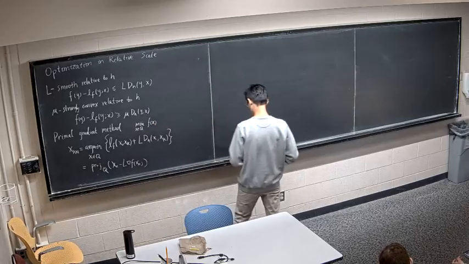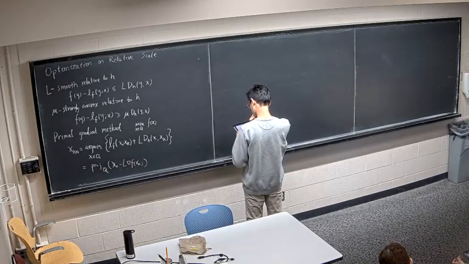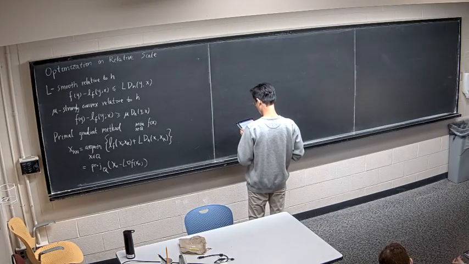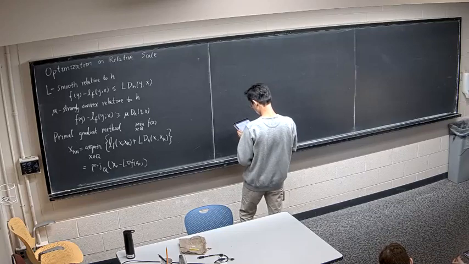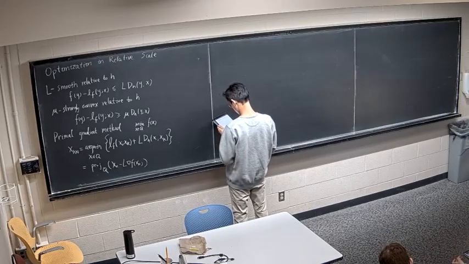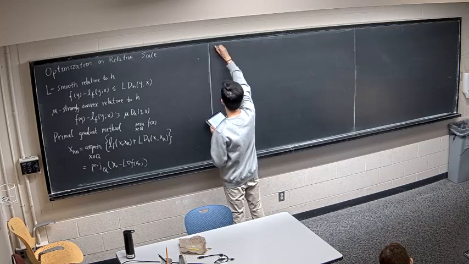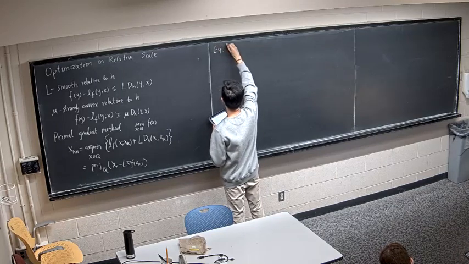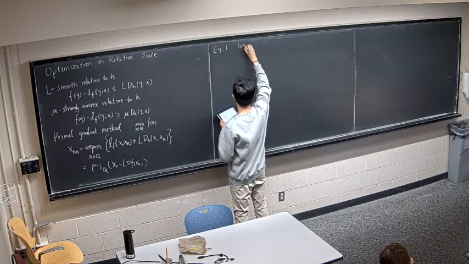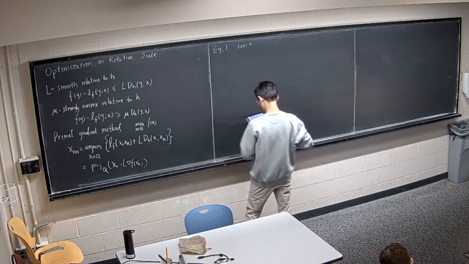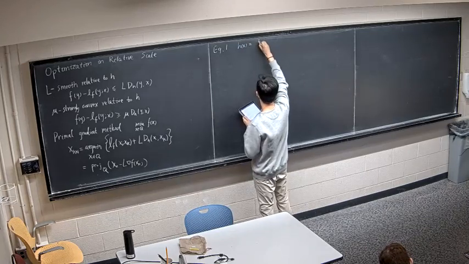These are the examples we saw last time for showing L-smoothness in the relative sense. The first example is when h of x is as follows.